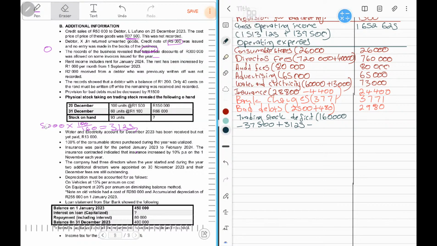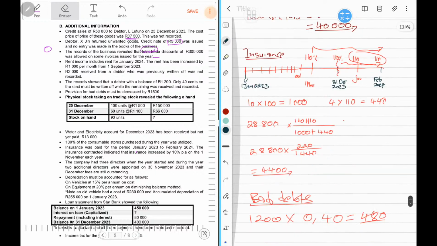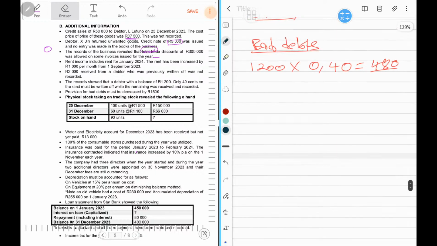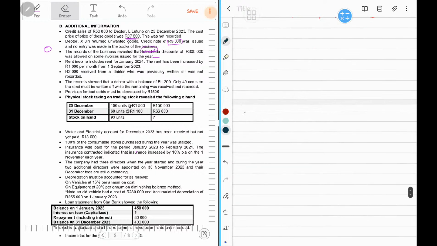So for the value of the closing stock on hand, we're going to refer to this information. Remember, they are using FIFO. So to find the value of the closing stock on hand, we are going to count from bottom up when we do the FIFO method. So it will be 93 here.